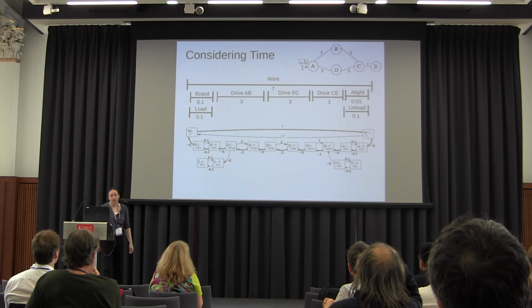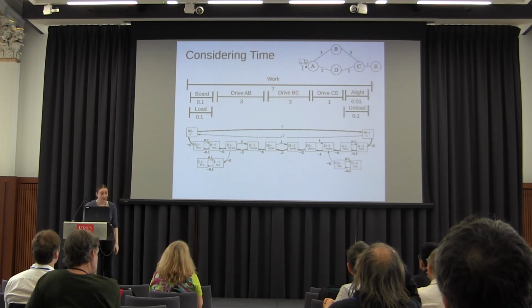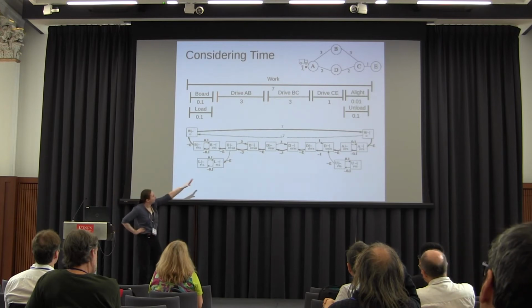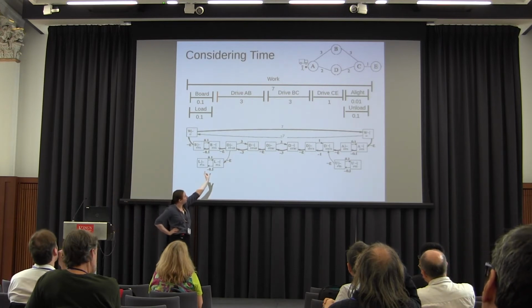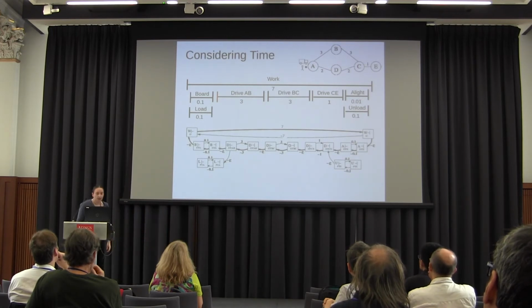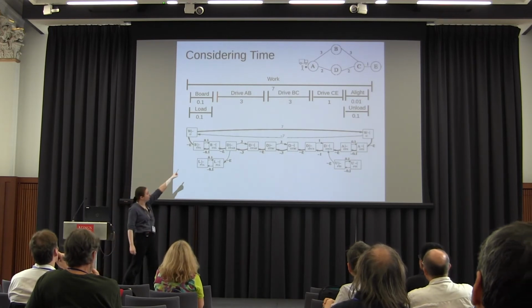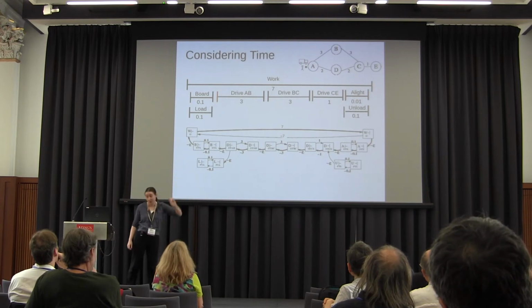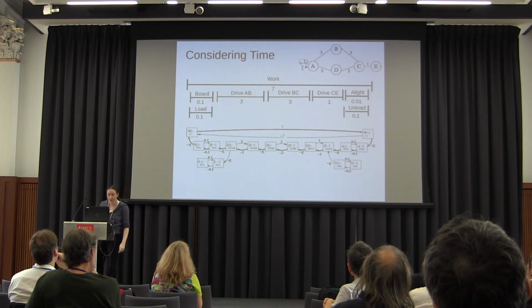Now, obviously this plan is not going to work, because this level of activity does not fit within this 7 time unit work action. So the actual plan we need is to drive A, D, C, E. That's the only way to reach the goal.